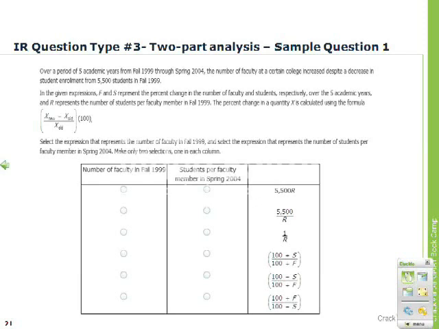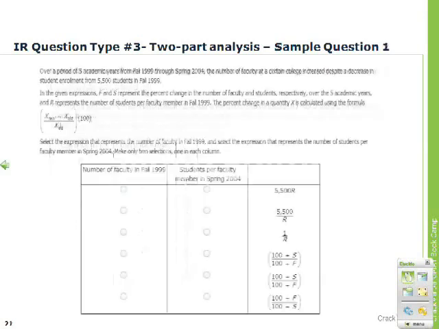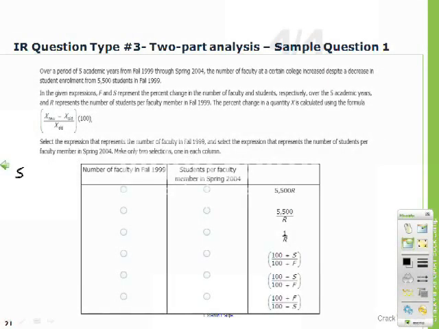So let students of 99 be equal to 5,500. F and S represent other things; S is already taken, so this can't be S. Let's put this as X99, where X is the number of students.